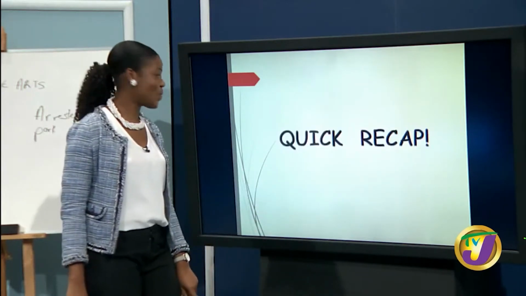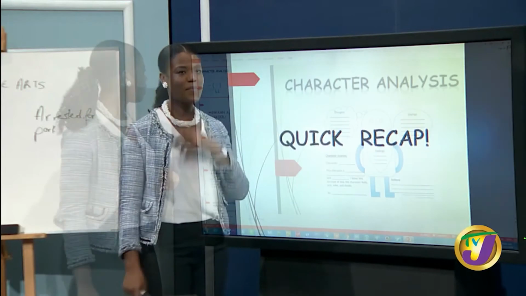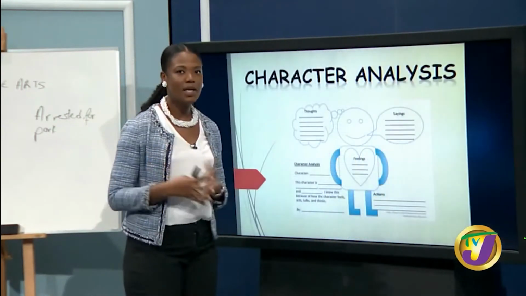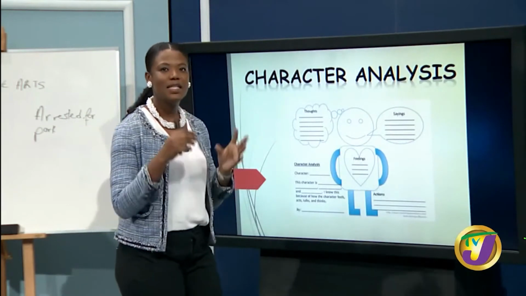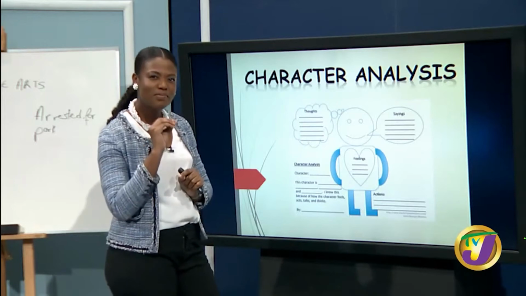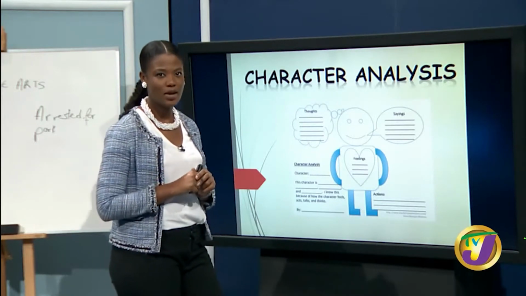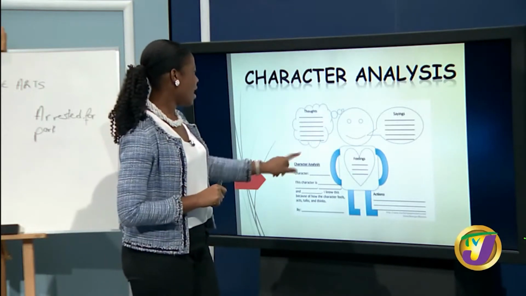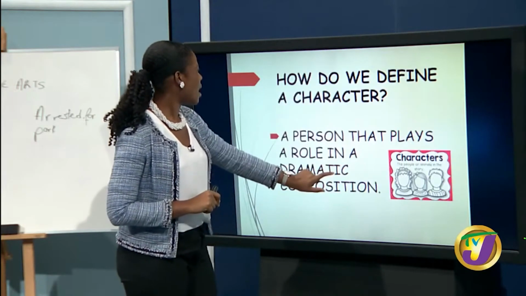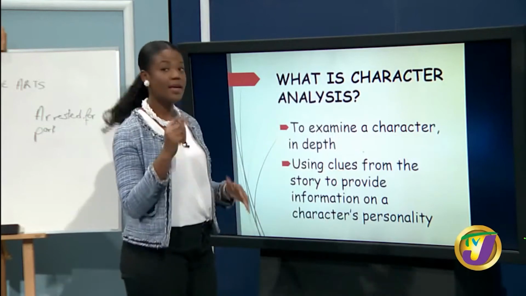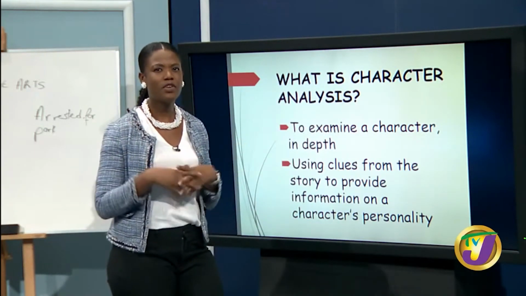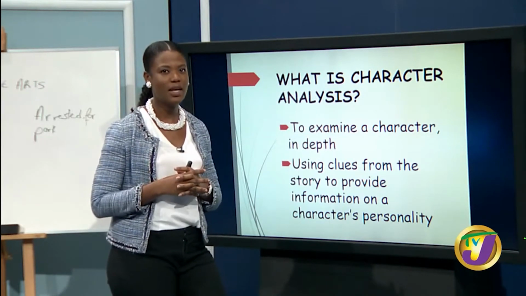All right, so we're on to the quick recap. What did we say a character analysis is? Really examining a character, digging deep, doing some observing, looking at some fine details about the character. And what did I say the acronym is for us to be able to remember it easily?